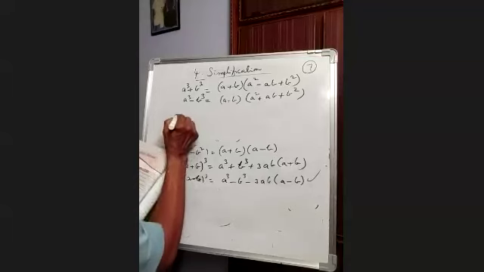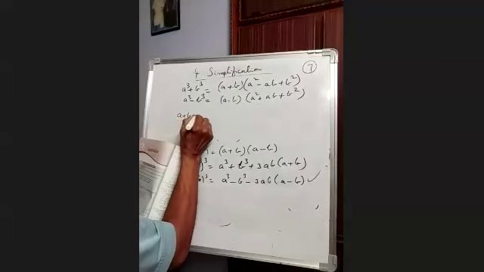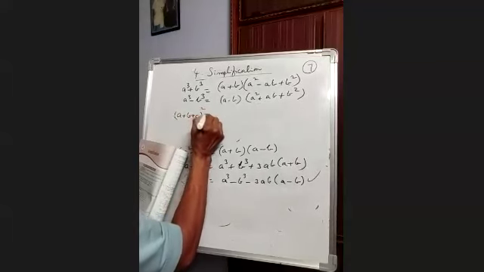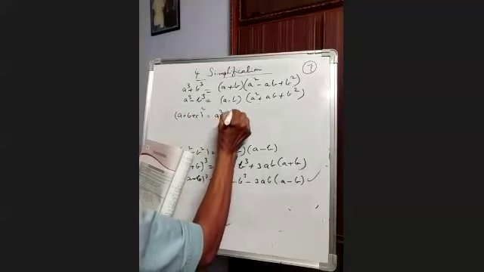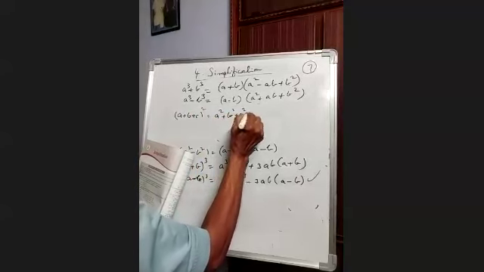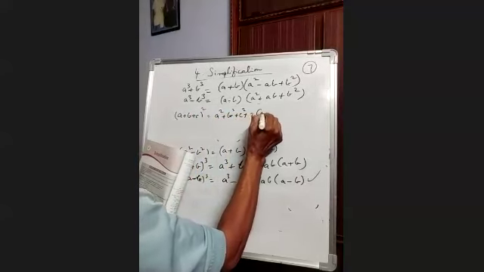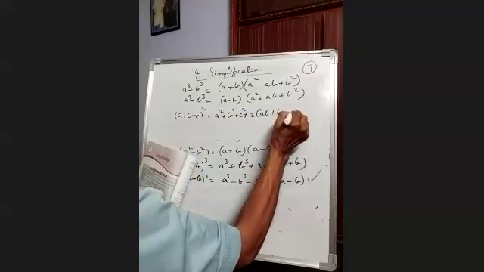Next, A plus B plus C whole square is A square plus B square plus C square plus 2 into AB plus BC plus CA.